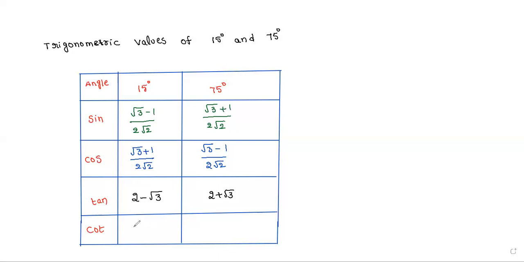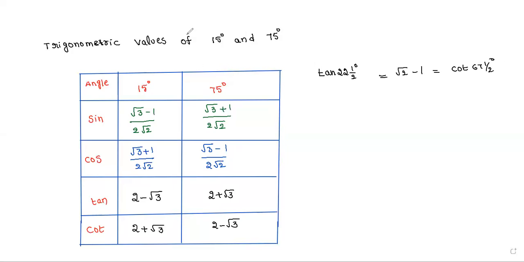Same as usual. 2 plus root 3, 2 minus root 3. Okay. Next value. Tan 22.5 degree is equal to root 2 minus 1. This same value is also for cot 67.5 degree.